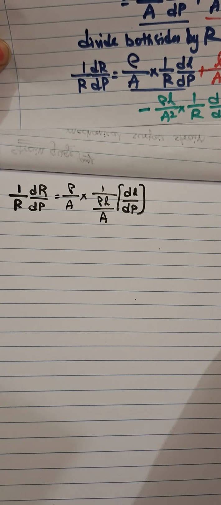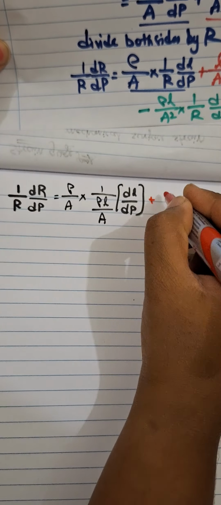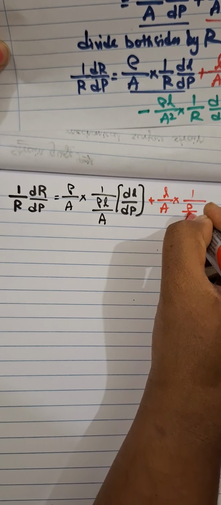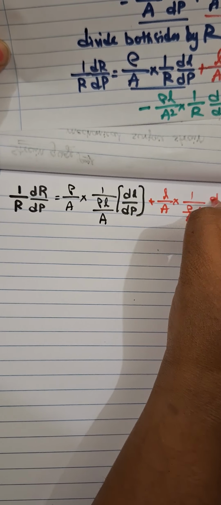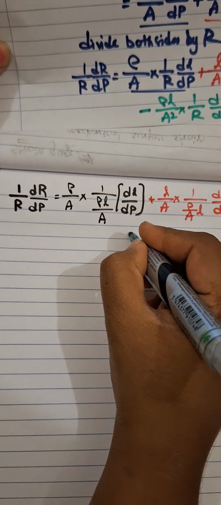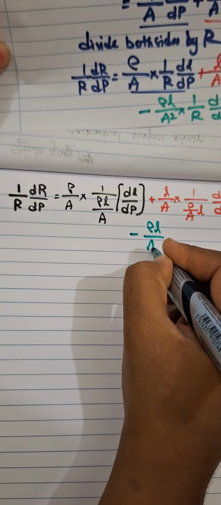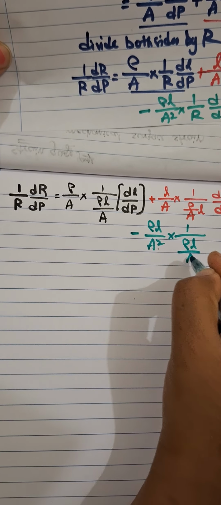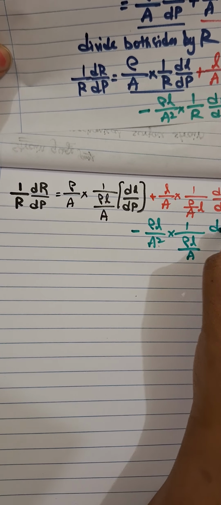Next, plus L by A into 1 by rho by A into d rho by dp, minus rho L by A square into 1 by rho L by A into dA by dp.